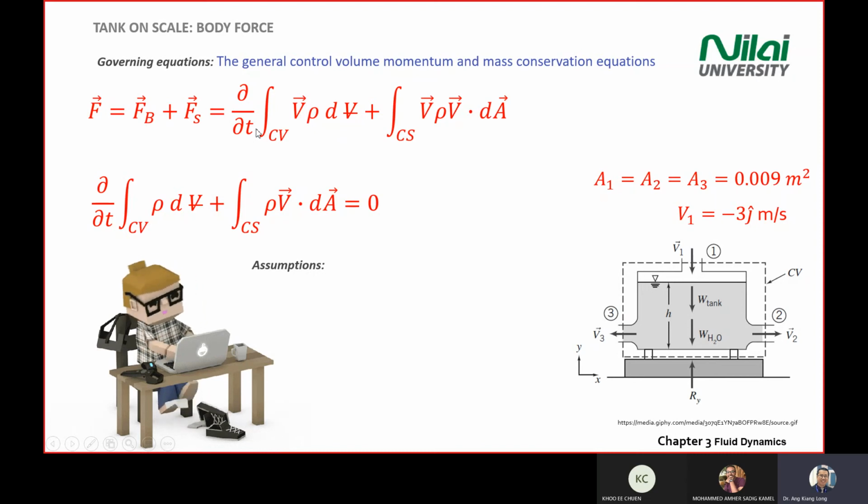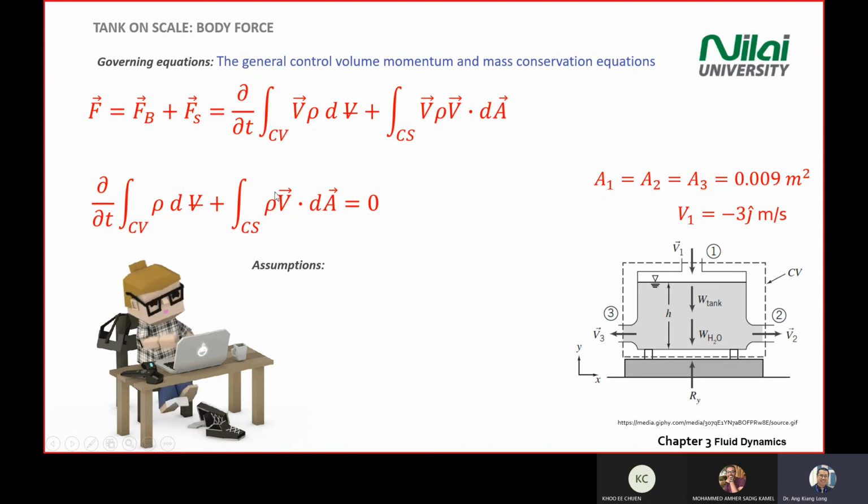F equals ma again. So recall Newton's second law, and you get the momentum equation. The second one is the continuity equation, where we consider the conservation of mass, where there is no change of mass inside the system: how much you put in will equal how much is going out. All right, so the mass inside the system is always constant.